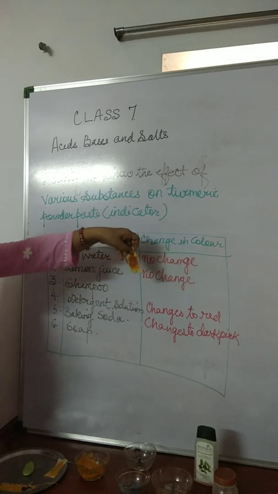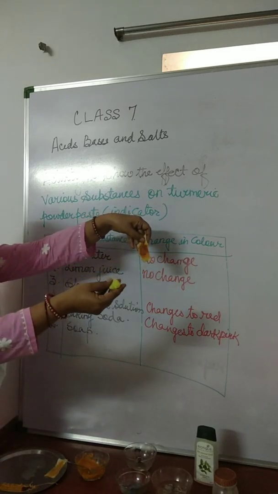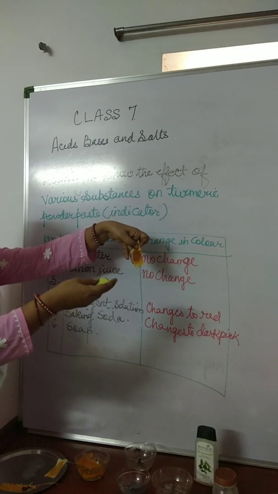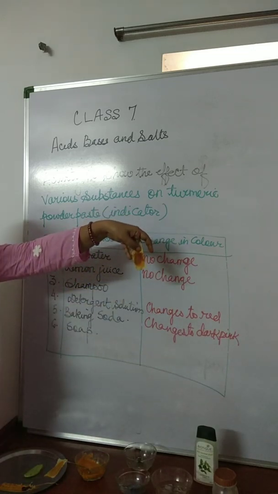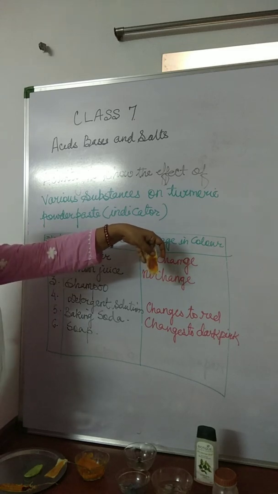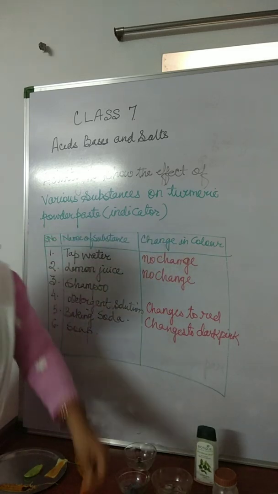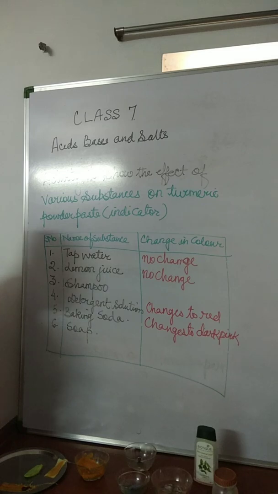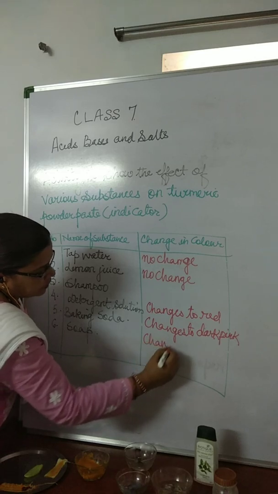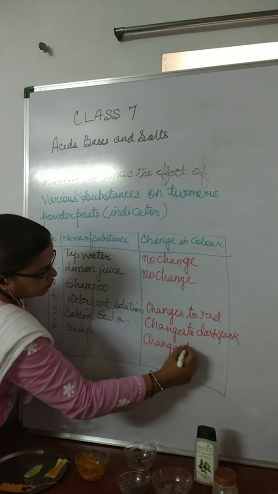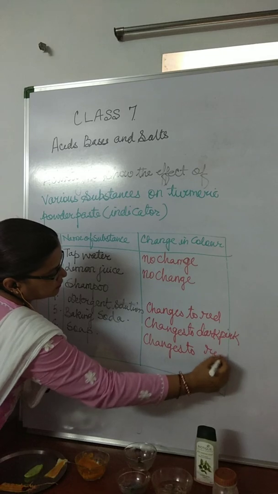I have applied this soap, just a little piece of soap, and you will find that this strip also changes to red. So it is showing that those things that change to red or magenta are basic in nature.